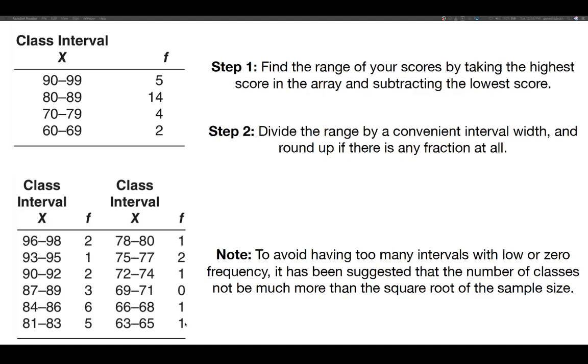Now, n is equal to 25, and the square root of 25 is basically 5. So we may have 5 classes in this particular example.